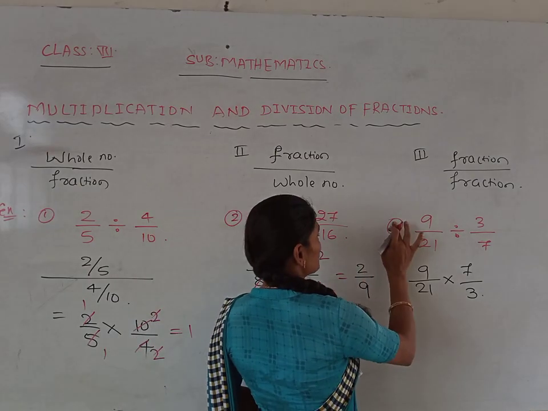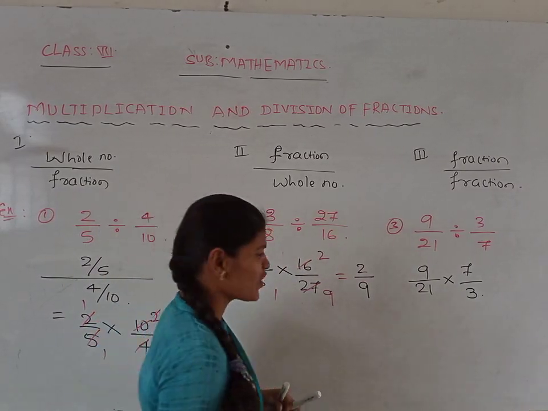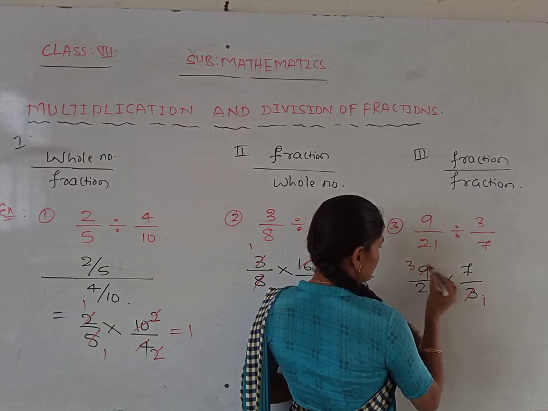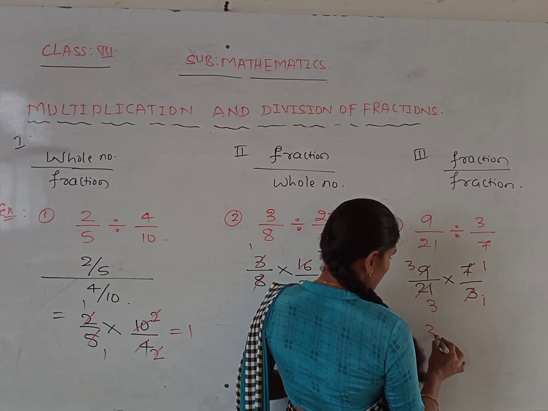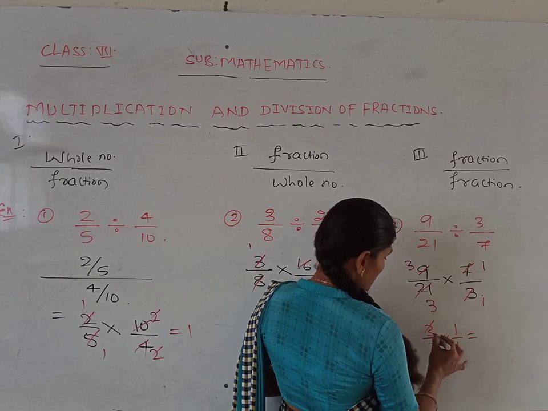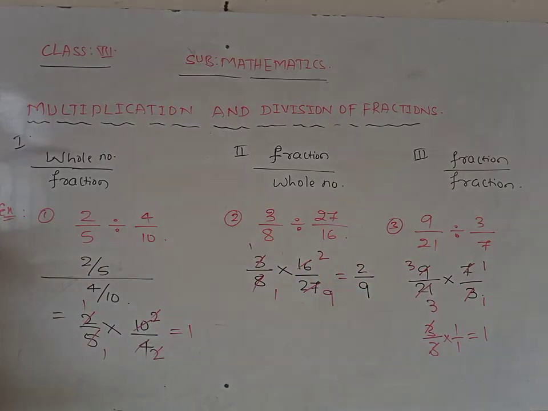Okay, it is the third problem, not a fourth one. Now, any common factor? Yes. 3 ones are 3, 3 threes are 9, 7 ones are 7, 7 threes are 21. Now the fraction is 3 by 3 into 1 by 1. 3 and 3 get cancelled. The answer is what? 1 itself. So the division of fractions is also an easy concept.